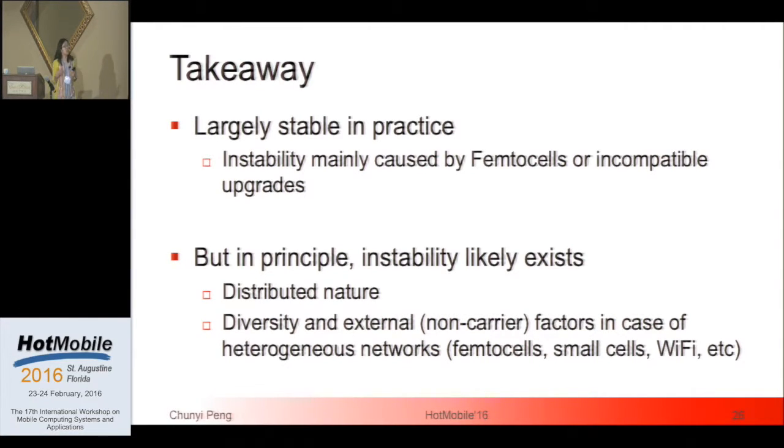Moreover, with the rise of heterogeneous networks, for example femtocells, small cells, Wi-Fi, or other non-cellular carriers, the current mobility management becomes more diverse, and they may conflict with each other in more cases. This is an important thing we want to pay attention to.